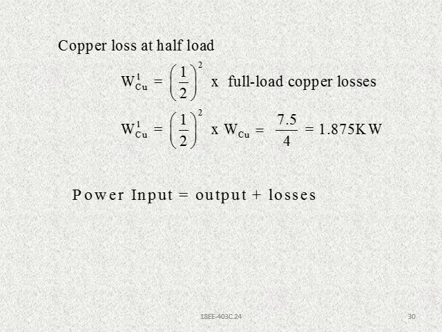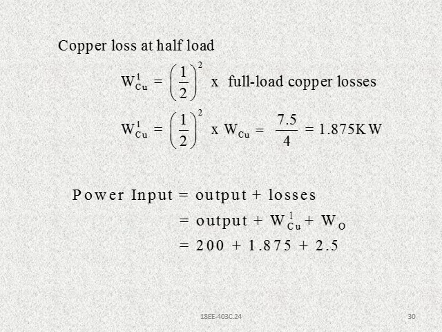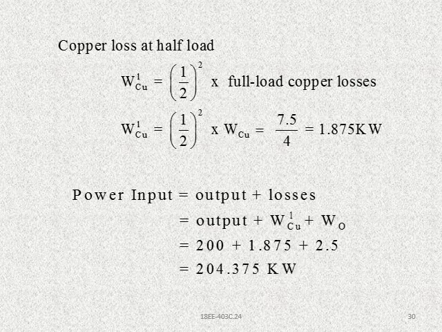The power input is equal to output plus losses. The losses are both copper and iron. The output is 200 plus 1.875 plus 2.5. That gets in a total of 204.375 kilowatts. This will be the input.